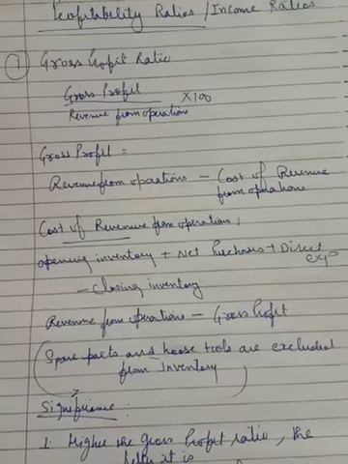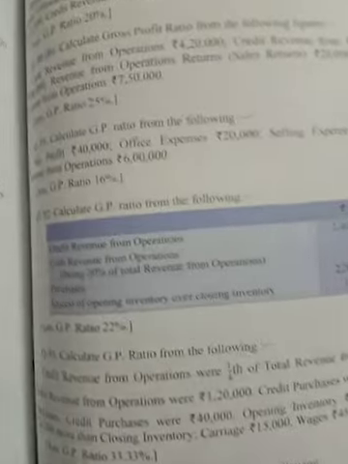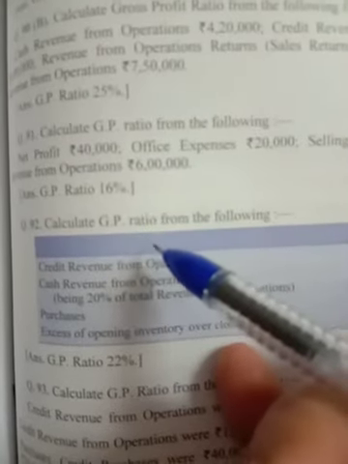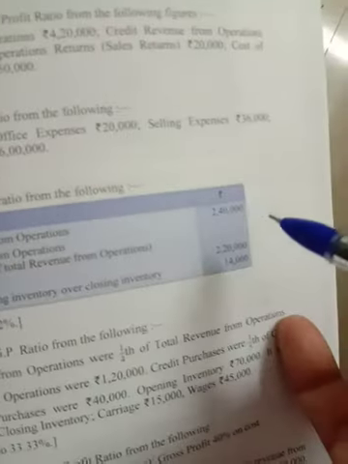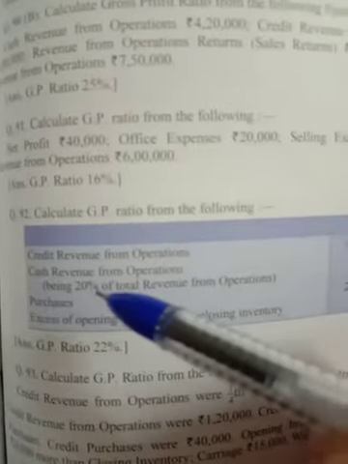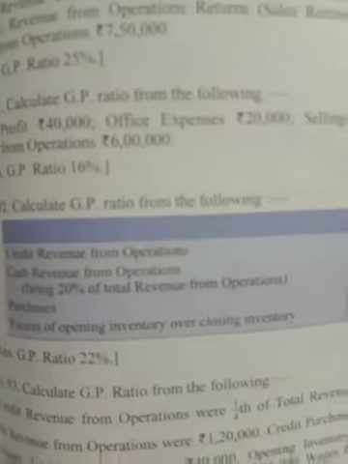Now some questions on gross profit ratio. In the 90th question, there is a calculation of gross profit ratio, and what is given is credit revenue from operation 2,40,000, and then cash revenue from operation, being 20% of the total revenue from operation.